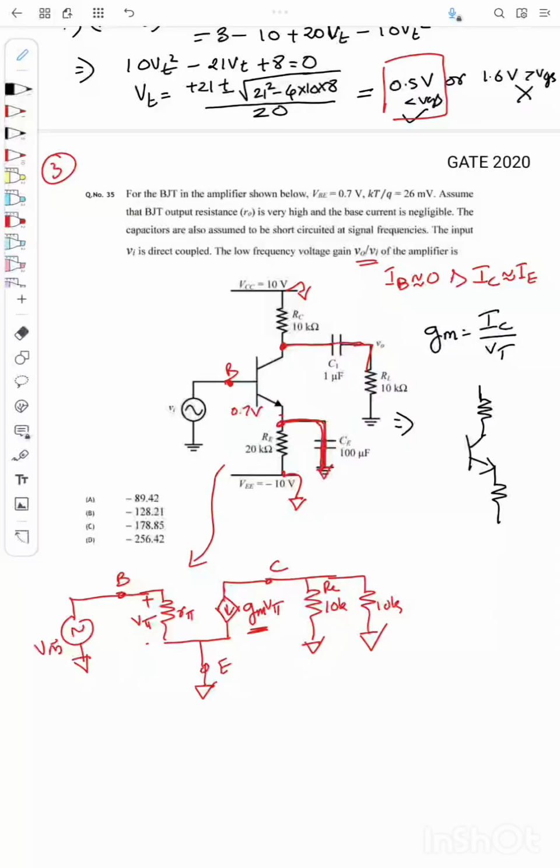So here I have 10 volt, and here I have minus 10 volt, and this is connected to, sorry, ground, and this is 0.7 volt.